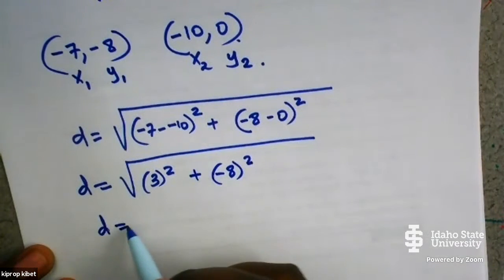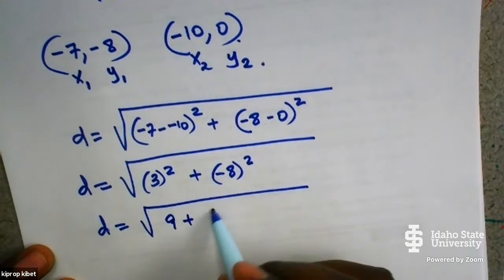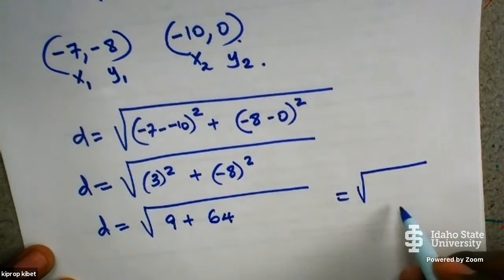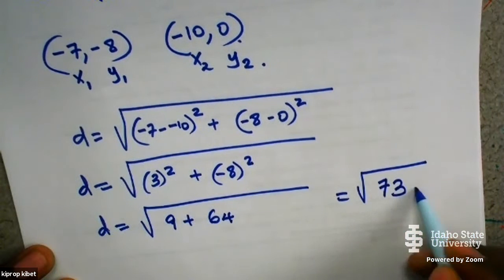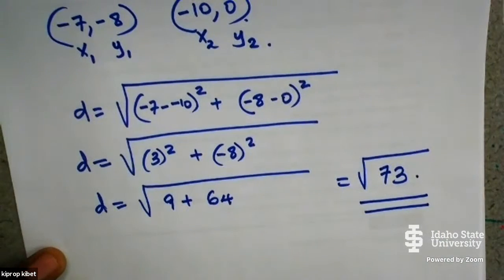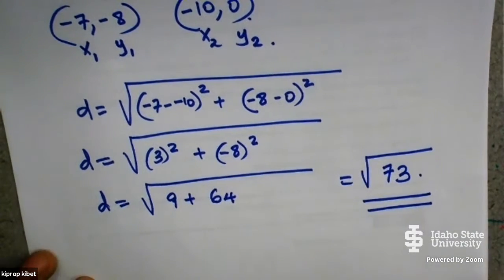And our distance equals the square root of 9 plus 64, which is the square root of 73, right? The square root of 73. So that is the distance between the 2 points.